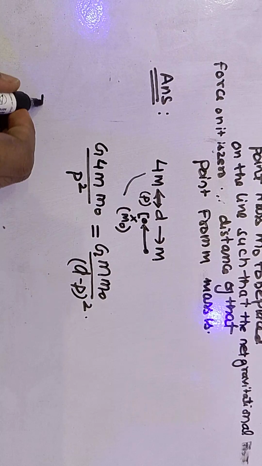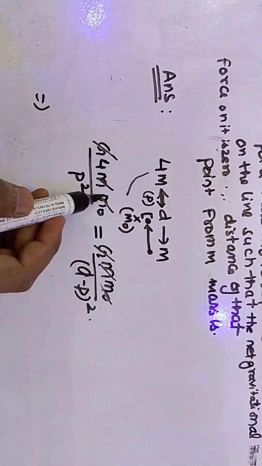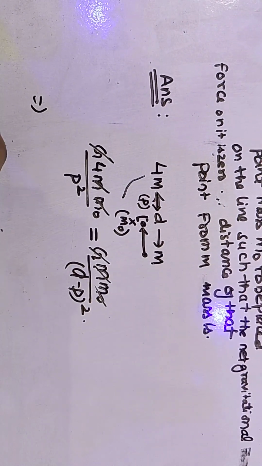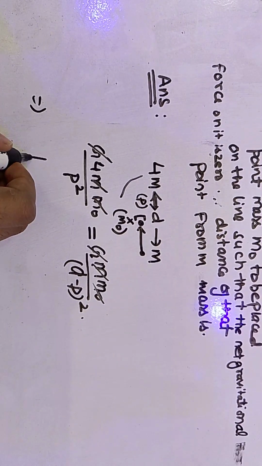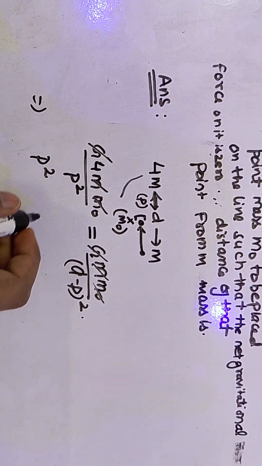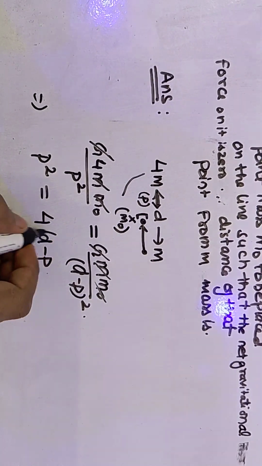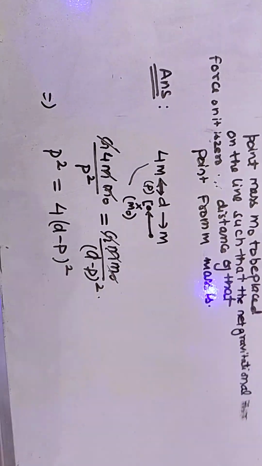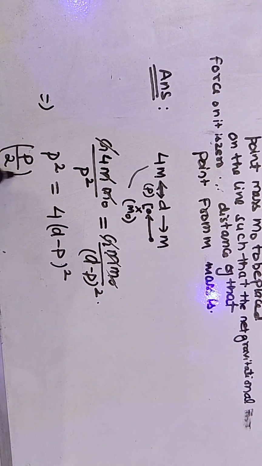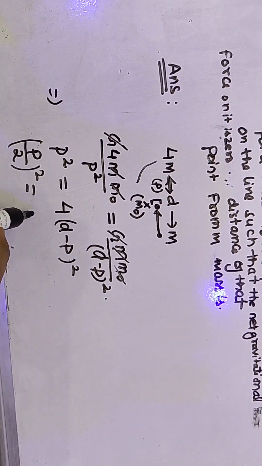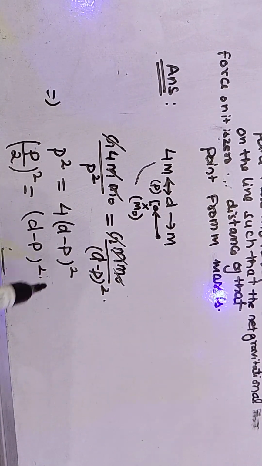So we will cancel G m m0, and p square equals 4 times (d minus p) square. We will say (p by 2) whole square equals (d minus p) whole square.